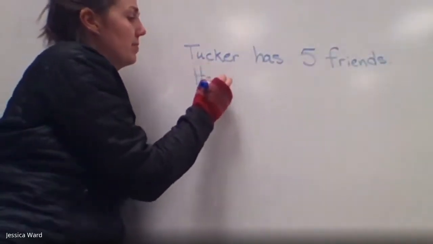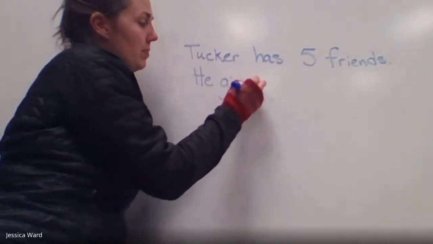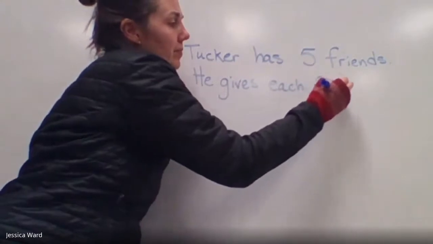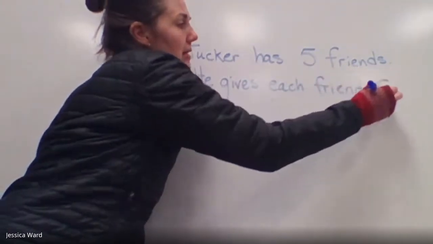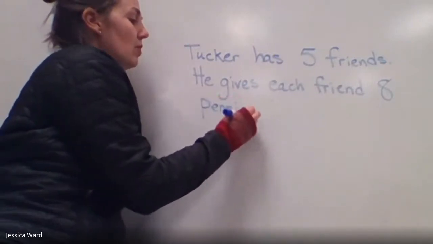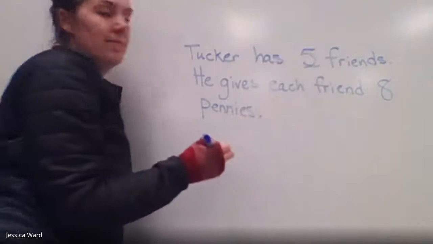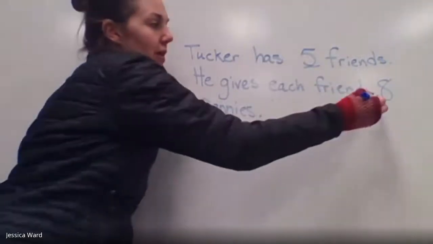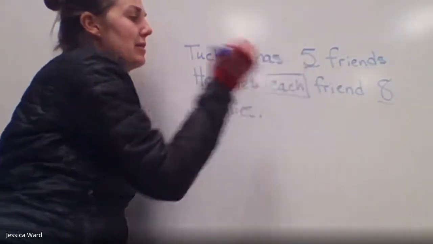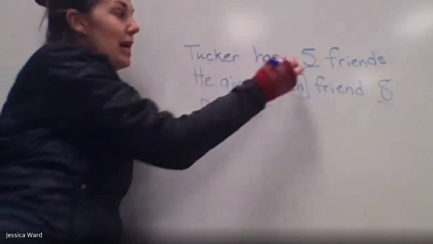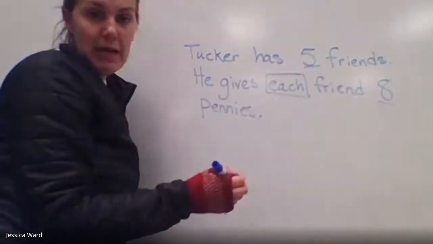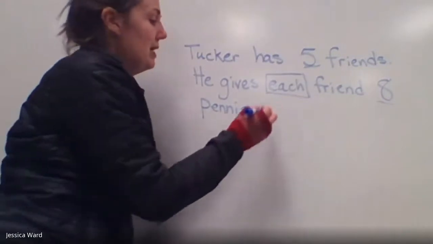He gives each friend 8 pennies, right? So our group would be the 5 friends. What's in each group are the 8 pennies. The key word here being each, telling us that for every friend, they're each getting 8 pennies.